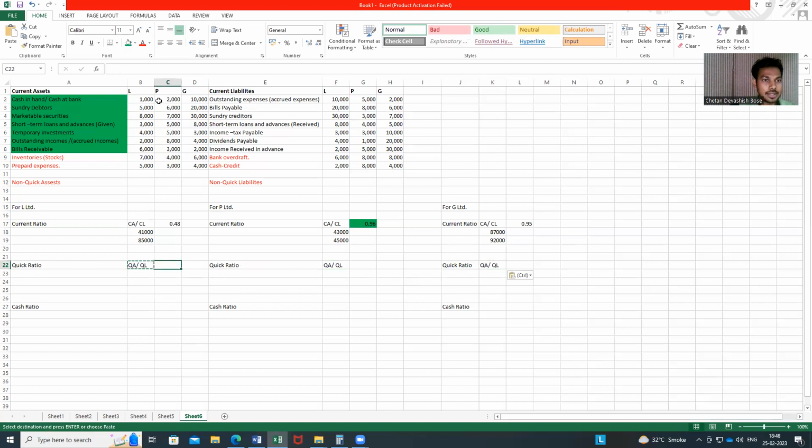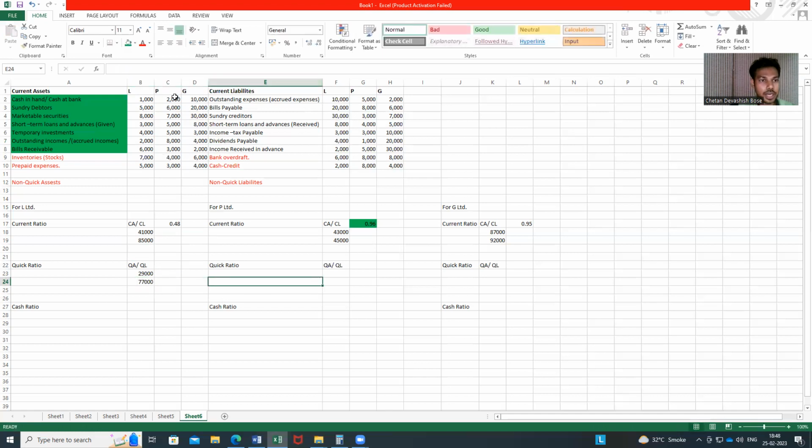What is quick asset? Calculate from here to here. It is 29,000, and then quick liability, which is 77,000.